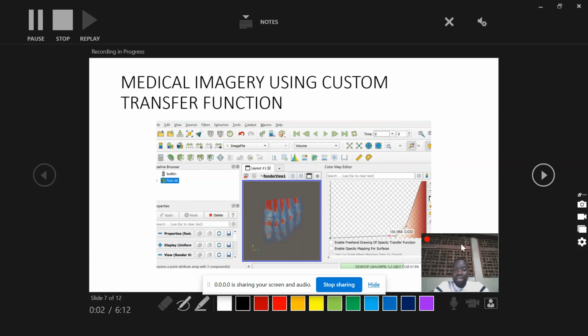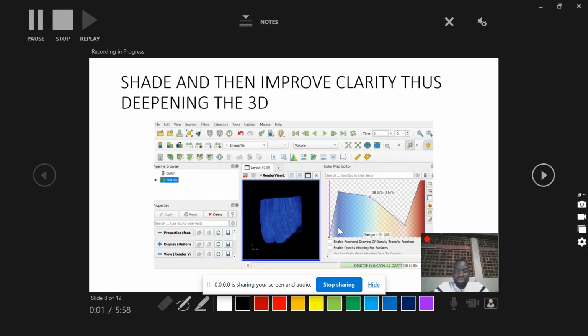And then when I apply custom color editing using the map editor, and I try to reduce the color concentration, I will see the bones. When I increase the color densities, I'll be able to see the skin.